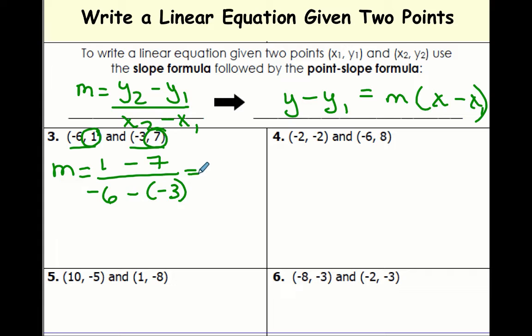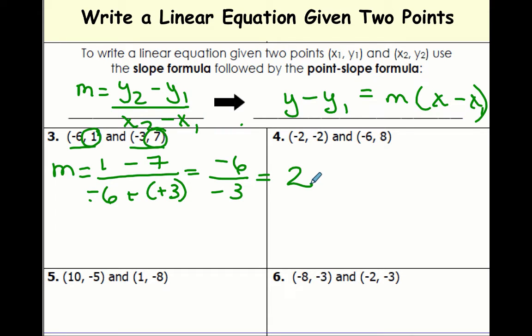Then we simplify. 1 take away 7 is negative 6, and negative 6 minus negative 3, remember, minus and minus is a plus, gives us negative 3. So now I have negative 6 divided by negative 3, which is 2.